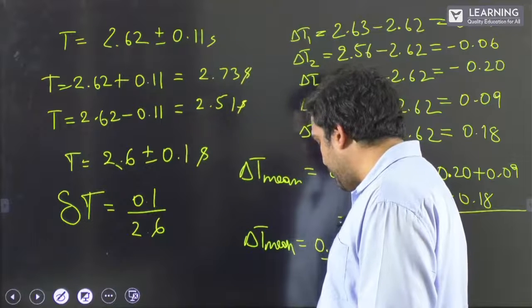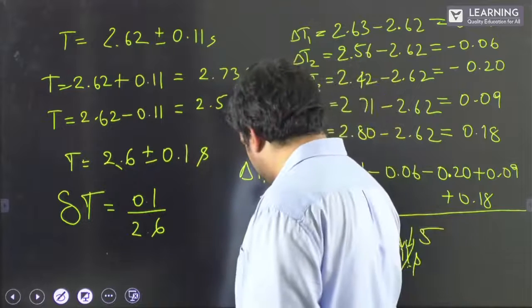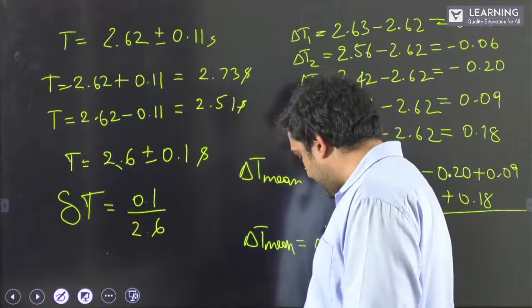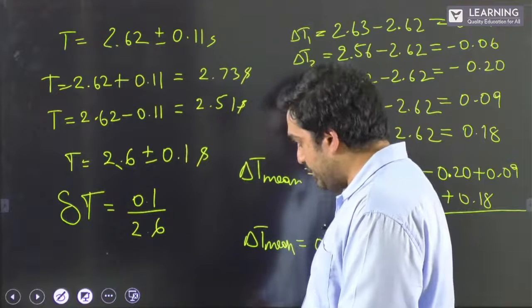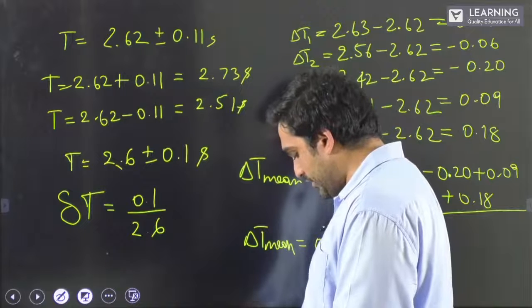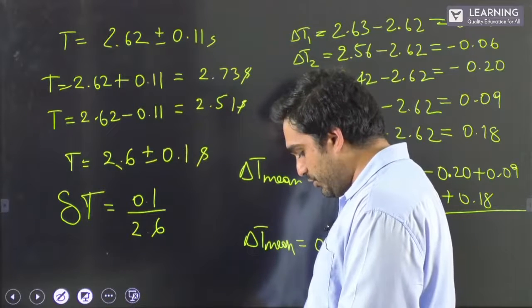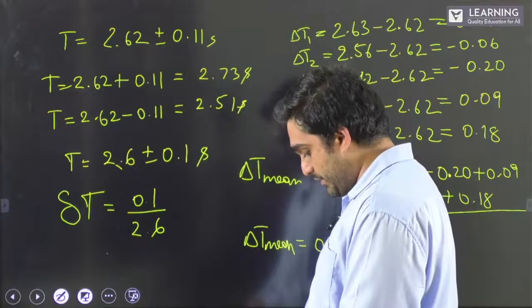So 0.1 divided by 2.6, you get almost... go ahead, try to calculate it.